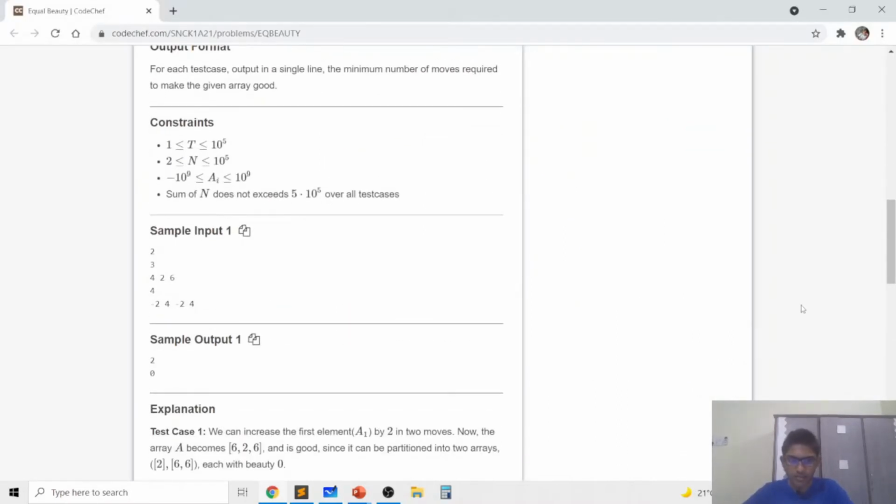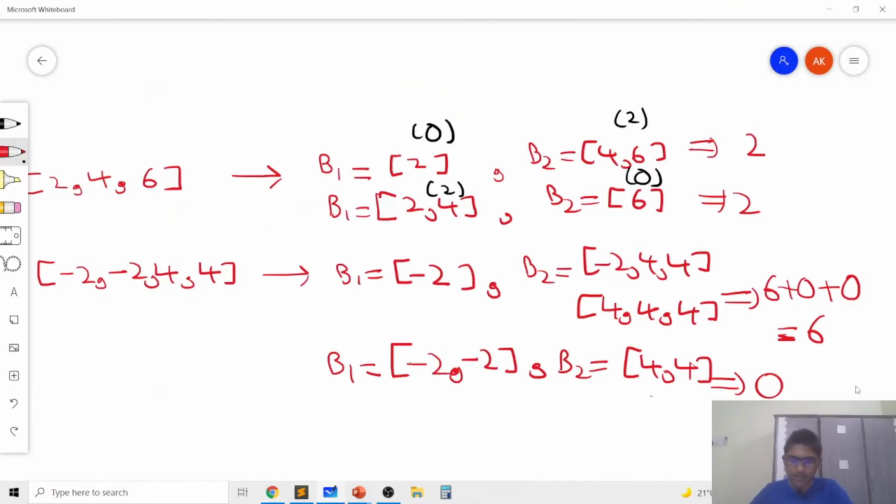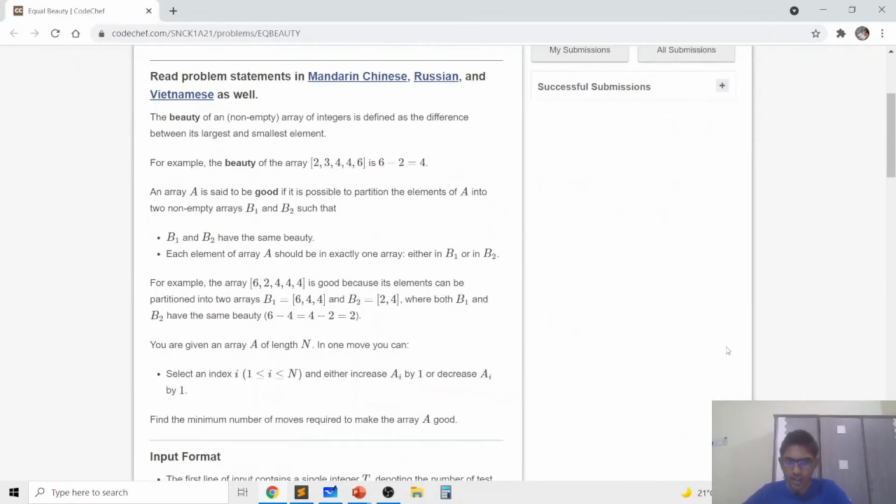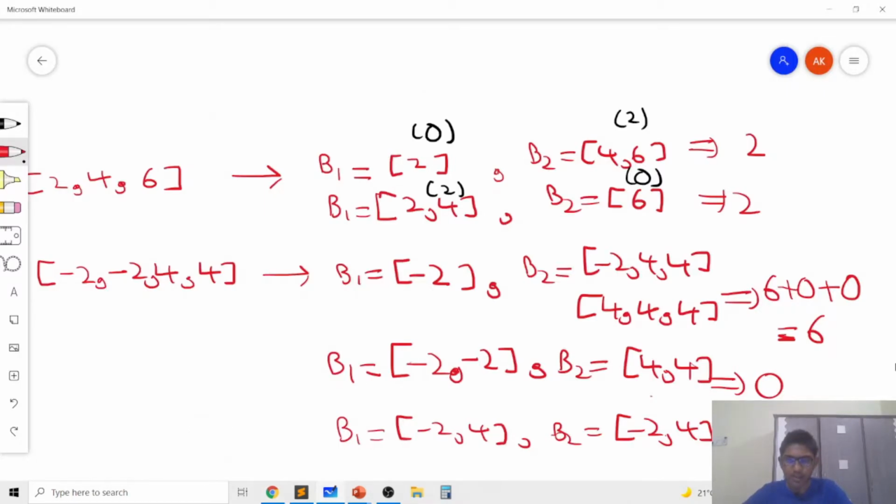And another possibility would be if B1 is -2, 4 and B2 is also -2, 4. Even in this case the cost would be 0, because both the partitions have a beauty of 6 and their beauties are equal basically. So those are the examples.